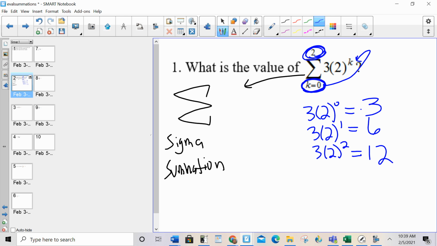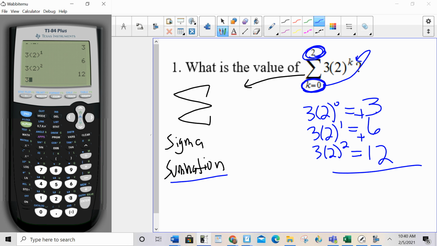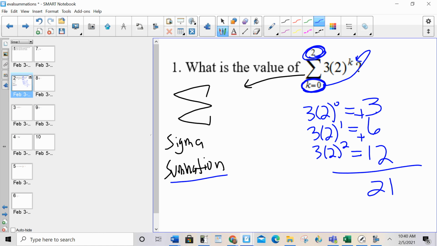Now, because it's called a summation, the procedure is to add all those terms together. So 3 plus 6 plus 12, use a calculator if you need to. It's 21. That's your answer.